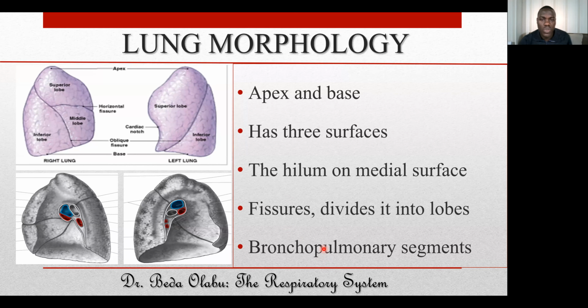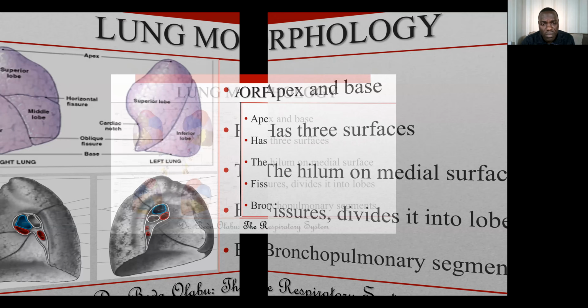If you remember that story of airway division, the first generation is the principal bronchus, which goes to each lung. Second generation is the lobar bronchus, which goes to each lobe. We have 3 on the right and 2 on the left. Third generation is the segmental bronchus, or otherwise called tertiary bronchus, which goes to each bronchopulmonary segment.